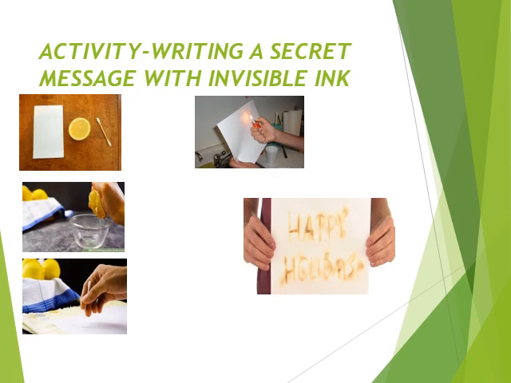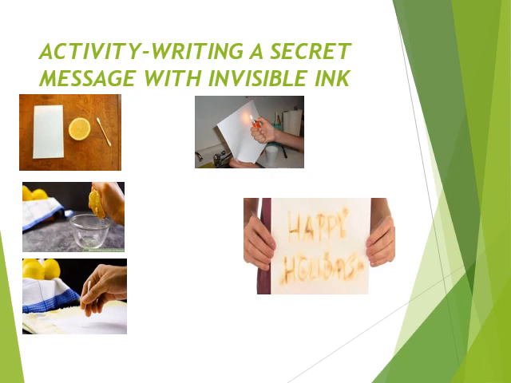Now here comes an interesting activity. This is an activity to write a secret message, and that too with invisible ink. You will enjoy this and you can do this by your own, but under the supervision of any adult.